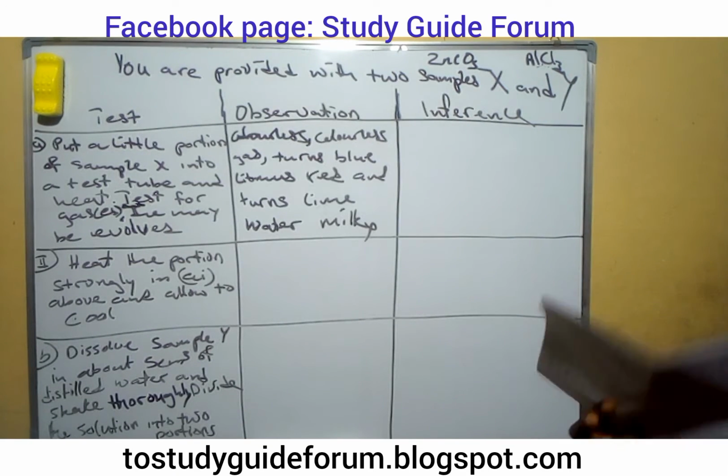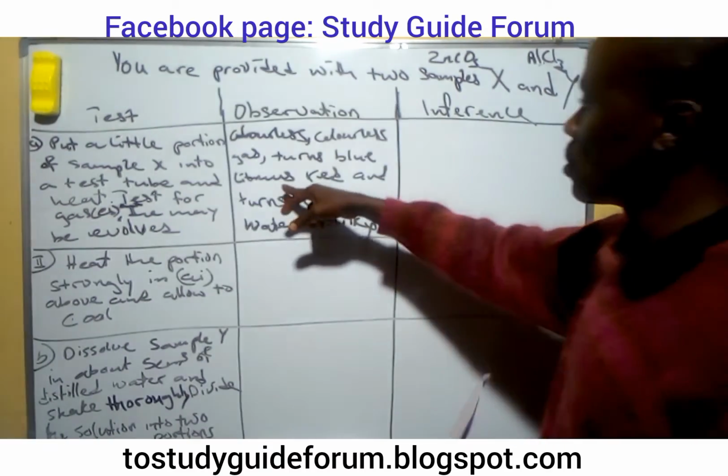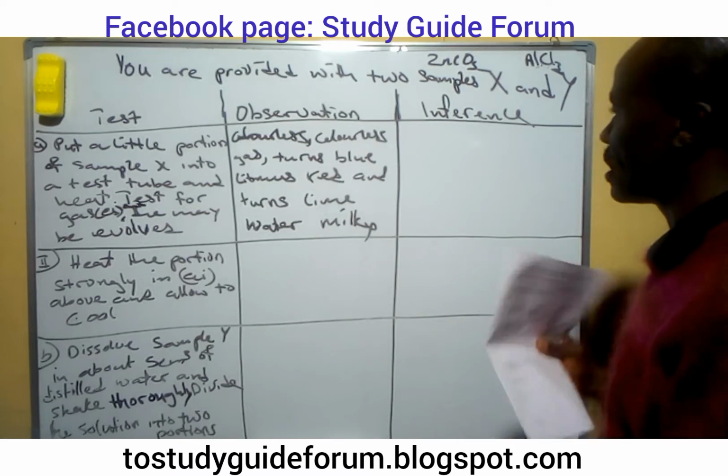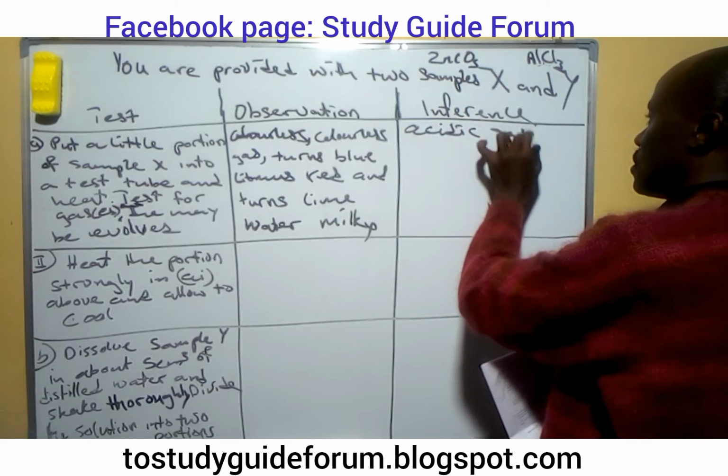When you test for the gas that is coming out, it's colorless, odorless, and it turns blue litmus paper red, which means that it's an acidic gas.